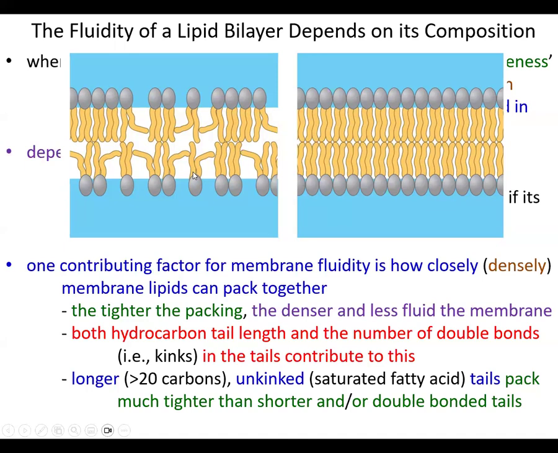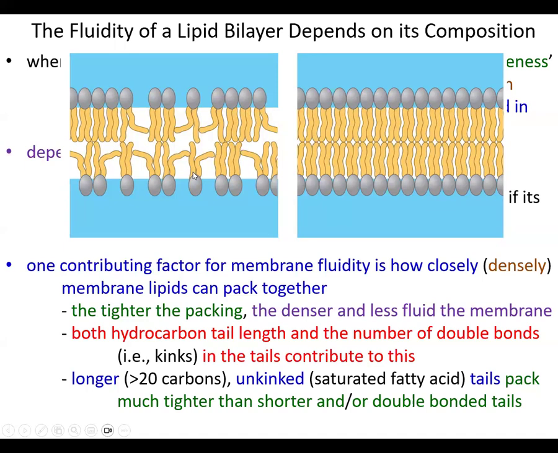So what are your densest, least fluid membranes? They are your completely saturated, long 20+ carbon fatty acid tails on your phospholipids. What's your loosest, least dense membrane? Short fatty acid tails under 20 carbons that have at least one double bond in them to make those kinks.